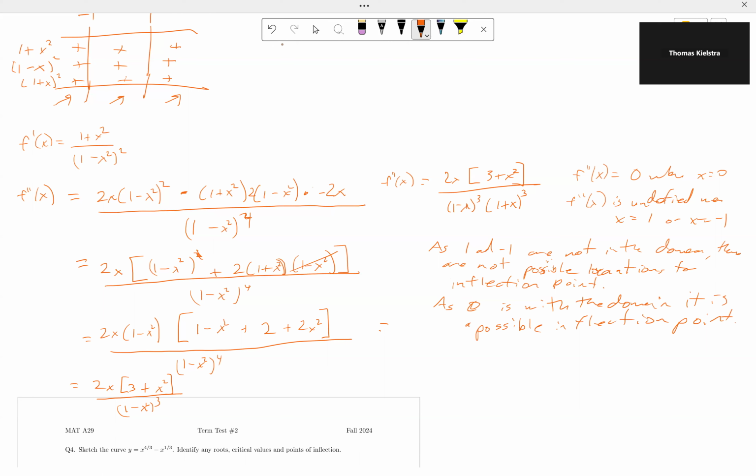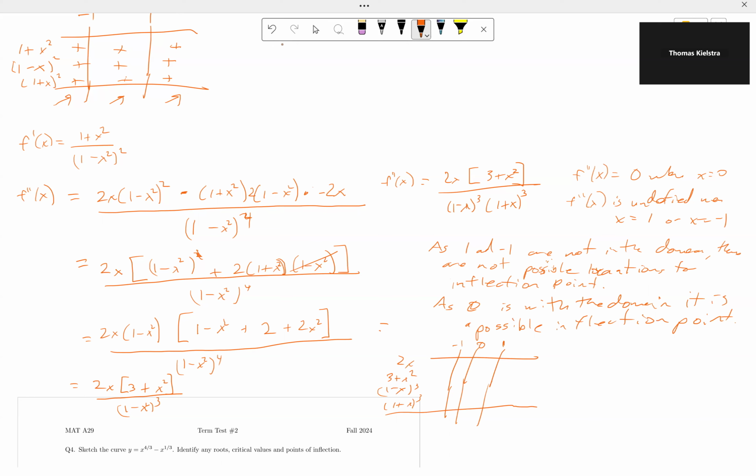To determine if it is an inflection point, I like to create a sign chart using the values minus 1, 0, 1, and the factors 2x, 3 plus x squared, 1 minus x cubed, 1 plus x cubed.